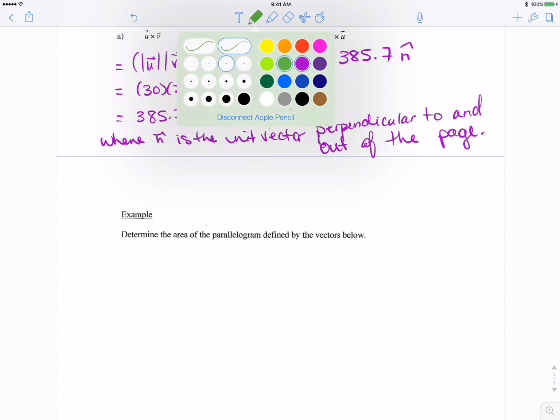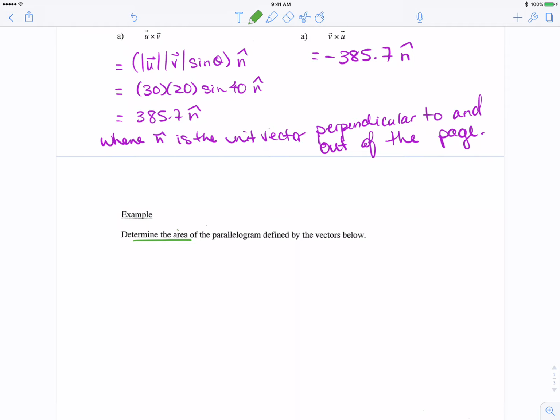It still means cross product. And it's going to be defined by the vectors below. You actually need a diagram, so this would have to be included. I'm going to say this is vector u of a length of 5, vector v, length of 7, and this will be 50 degrees between them.